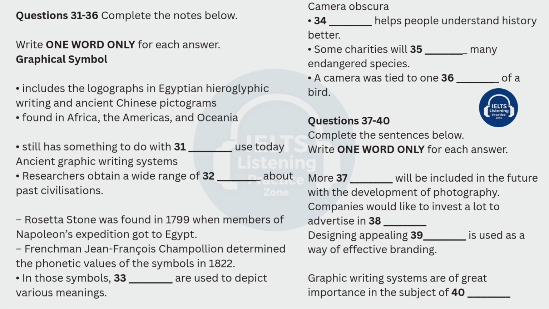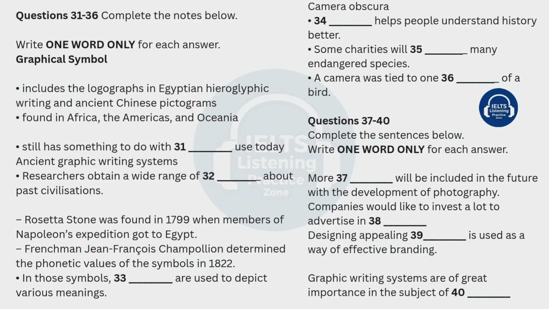The stone, now known as the Rosetta Stone, was studied in significant depth by scholars and was first deciphered by Frenchman Jean-François Champollion in 1822. He was able to correctly determine the phonetic values of the symbols, and later research has confirmed his findings.